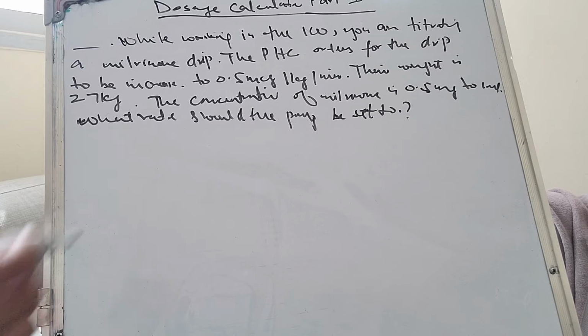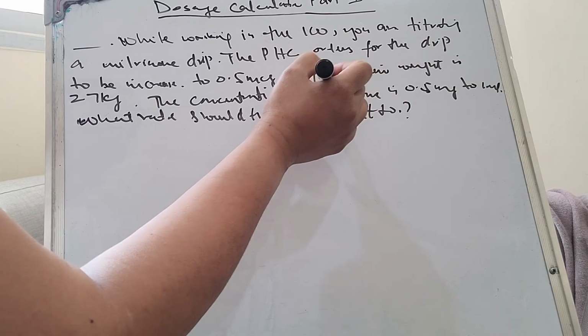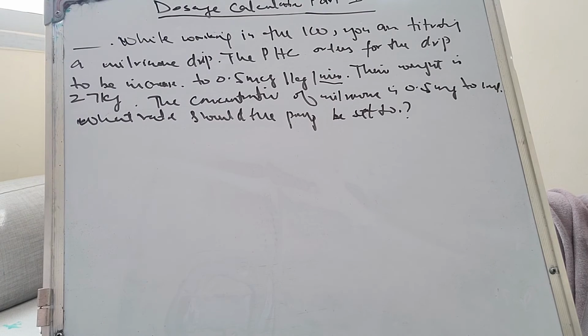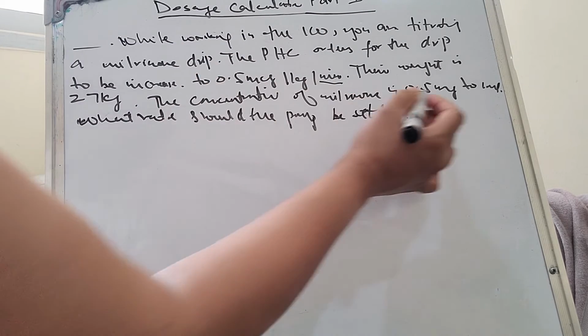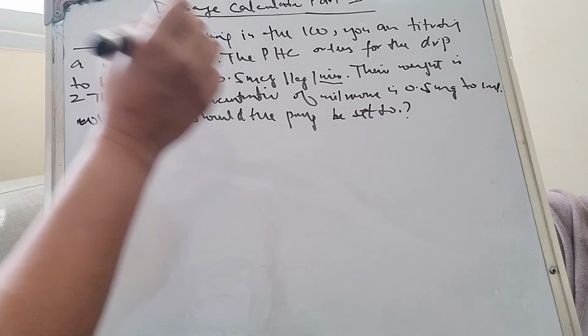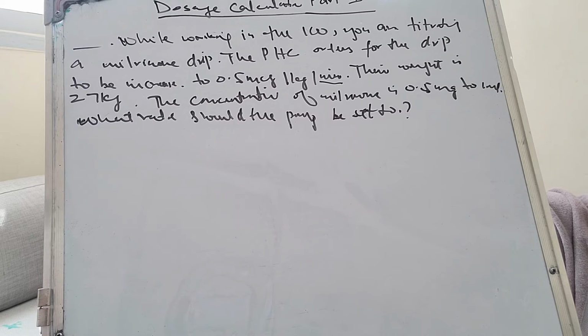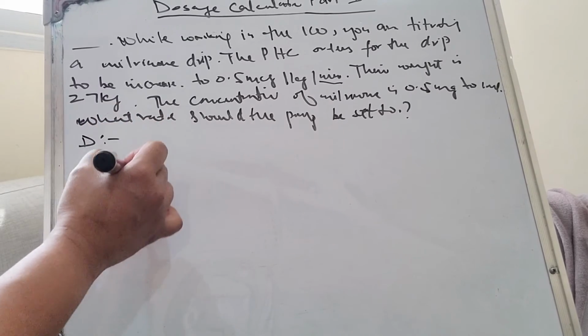Now what is the difference here? First, the difference that we already did before: the per minute. First of all, they tell you per minute. Number two, the concentration is in milligram, not in microgram, but our desired dose is in microgram. So first of all, our desired dose we will mention there.